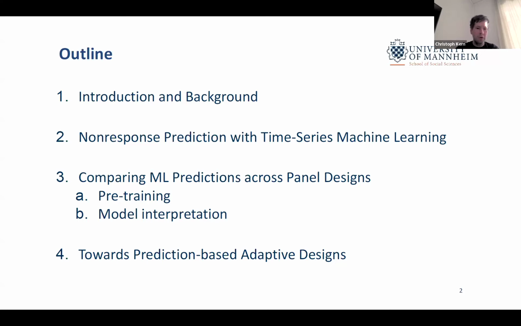Also, we'll briefly touch on model interpretation in this context, which is often an important topic. And then for the last part, I would like to try to bring all of those different things together to actually share some very recent results where we talk about bridging predictions and adaptive designs towards prediction-based adaptive designs.